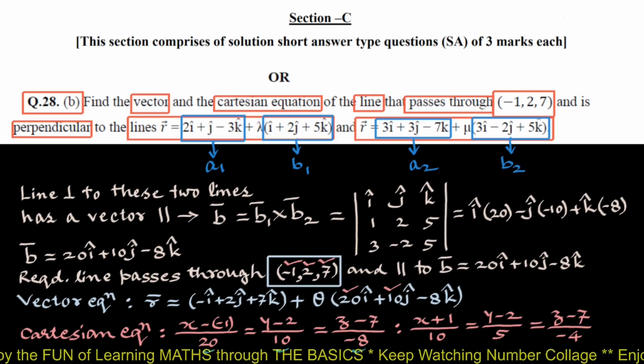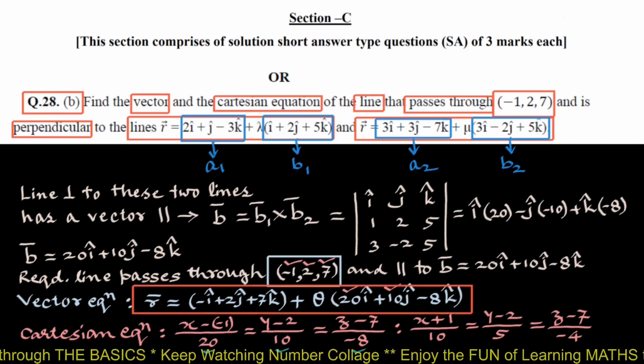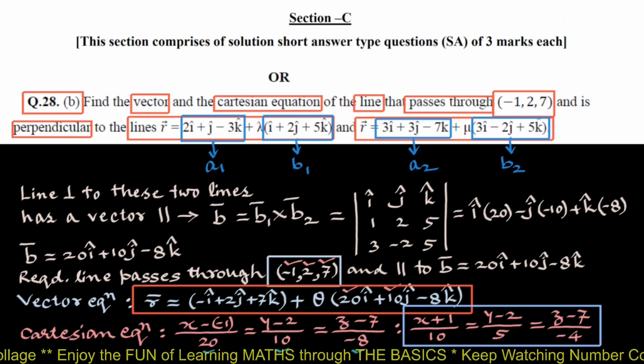So this is the vector form and this is the Cartesian form of the required line.